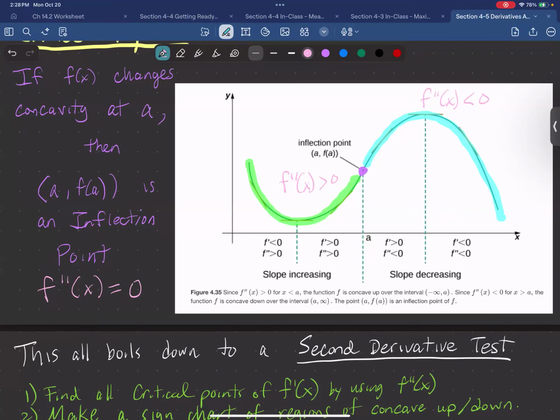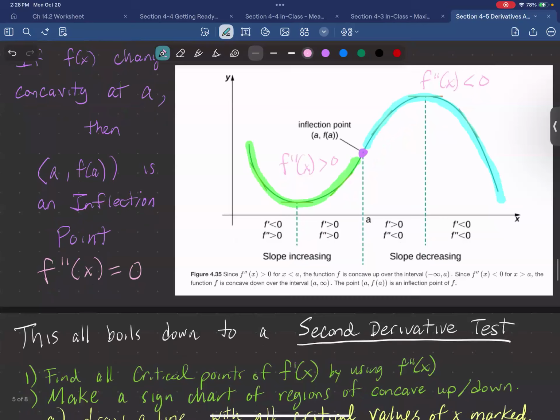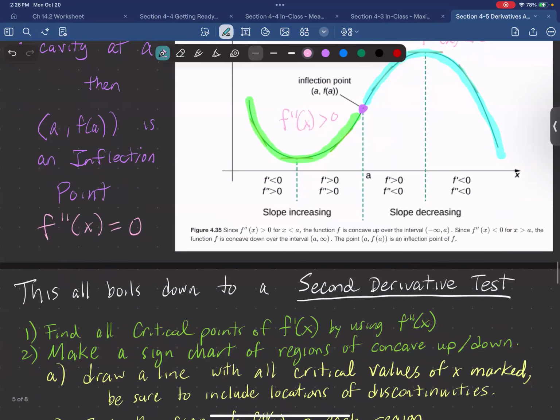Pretty much. What we're going to do is find all the critical points of not f of x, but f prime of x by using f double prime of x. And I don't know if critical points is a good word for it.